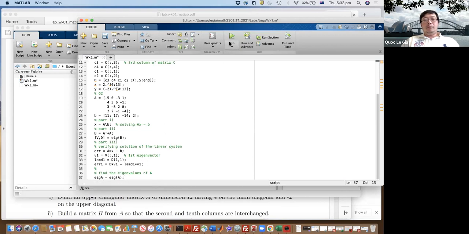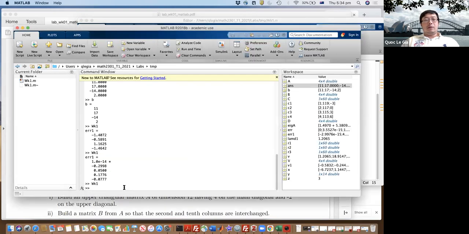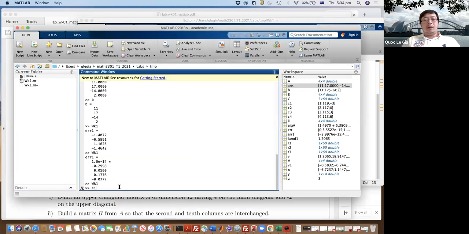If we run it, you will see that the eigenvalues of A are just those 4 numbers.